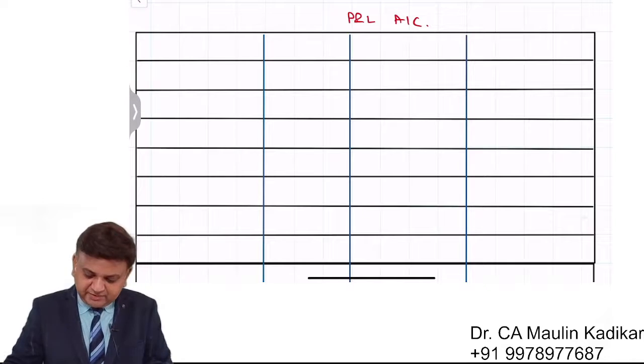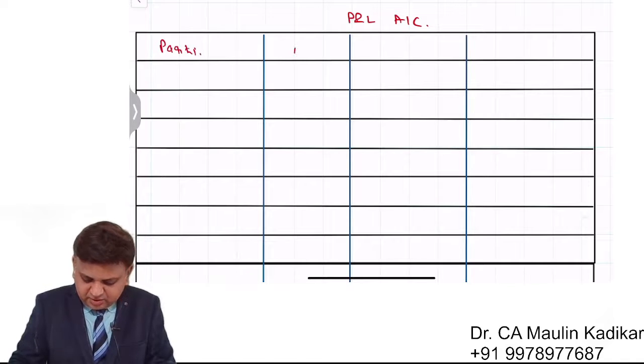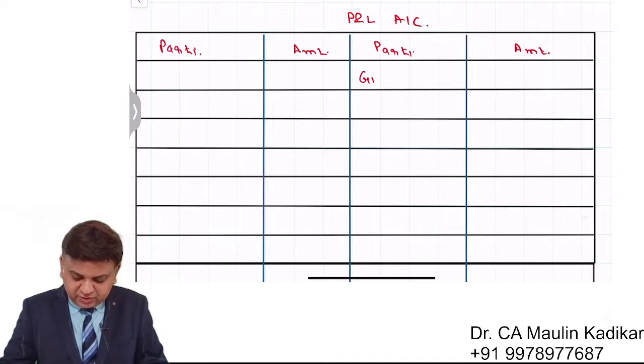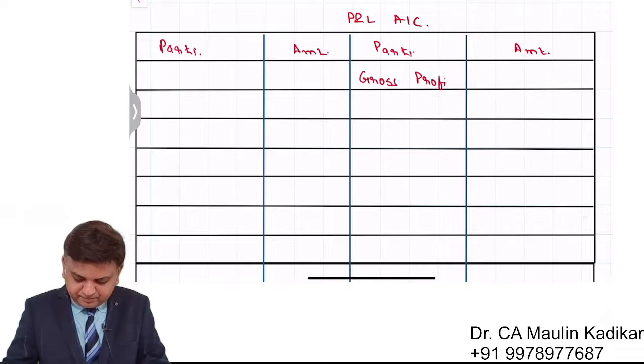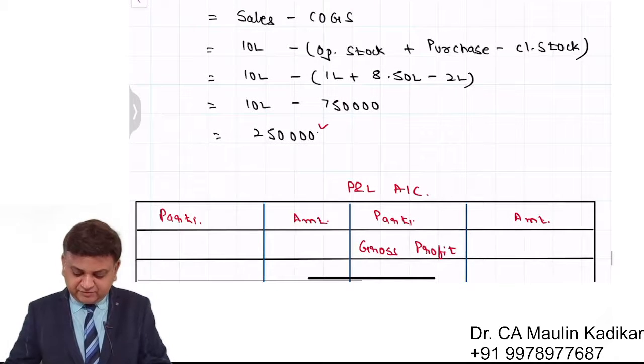So let us start with the P&L account. Column number 1, particulars. Column number 2, amount. Column number 3, particulars. Column number 4, amount. On the credit side, we will have gross profit. Amount of the gross profit on the credit side is 2 lakh 50,000.